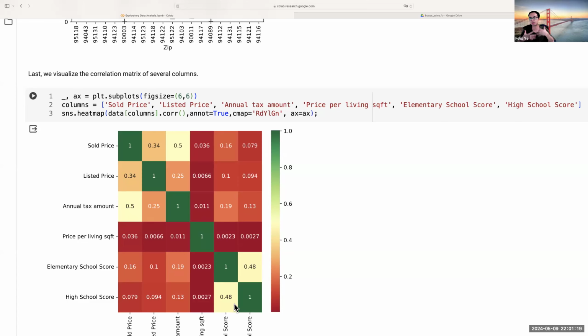This is not very surprising, because usually if a high school has good scores, it is usually in a good school district. With a good school district, the elementary school scores are also high. So this has a very strong correlation here. If you want to prevent overfitting, you might think about keeping just one score. You can keep elementary scores or you can keep high school scores.